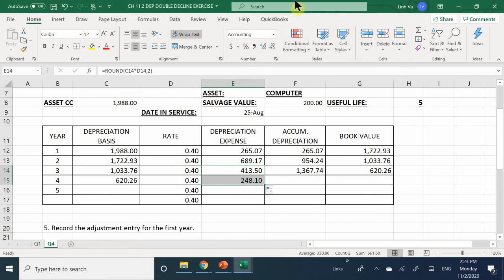Bringing your total accumulated depreciation to $1,615.84. Bringing your book value to $372.16. So now we can carry that over.